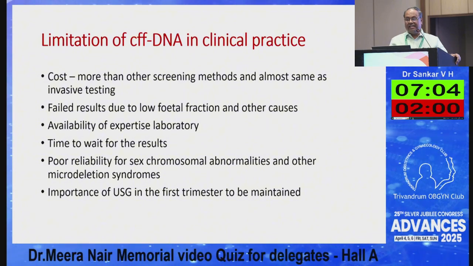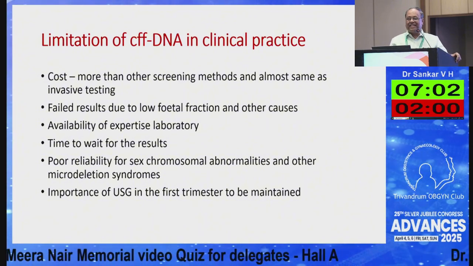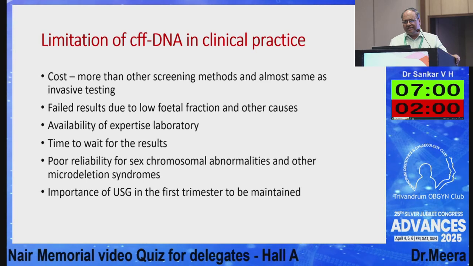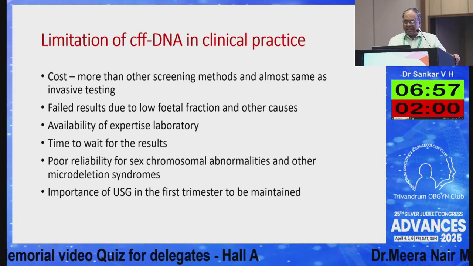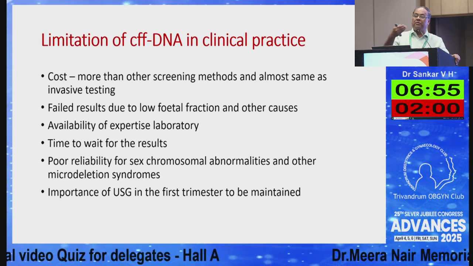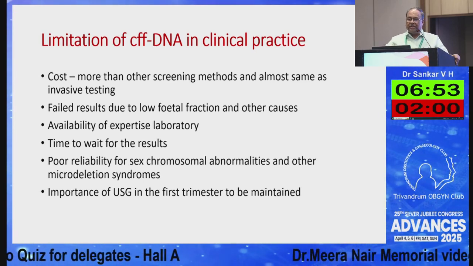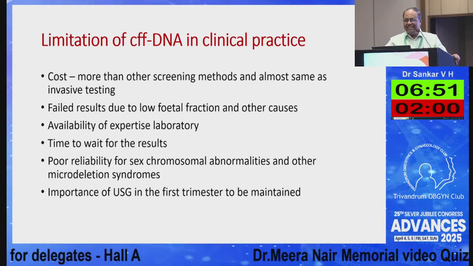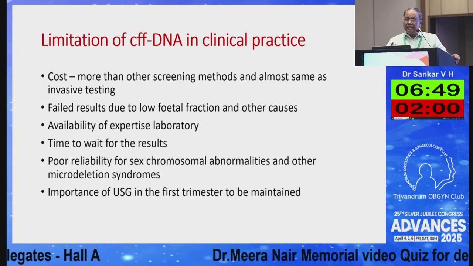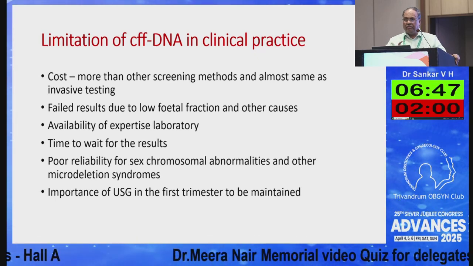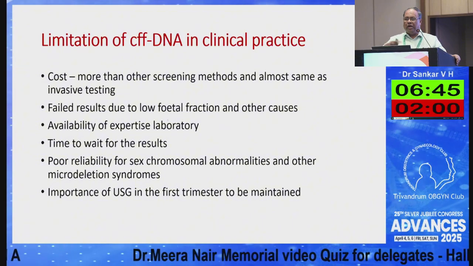So as a geneticist, I also feel invasive testing, amniocentesis, is a reasonably safe procedure now. So why can't you directly do it, rather than doing a prenatal screening and, if it comes positive, again doing the invasive testing? Double cost. So in a reasonable-risk patient, why should you go for NIPS? Directly you can do amniocentesis.